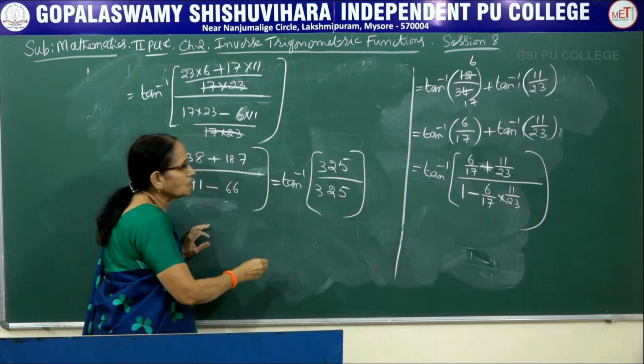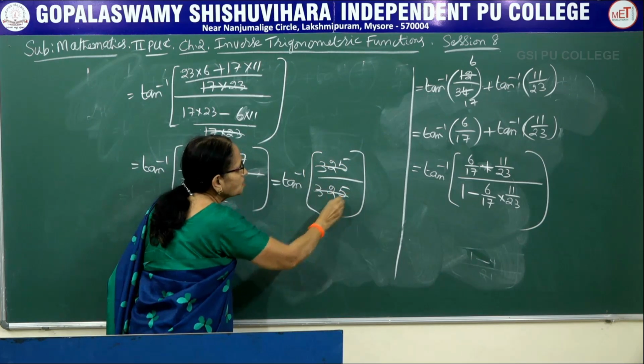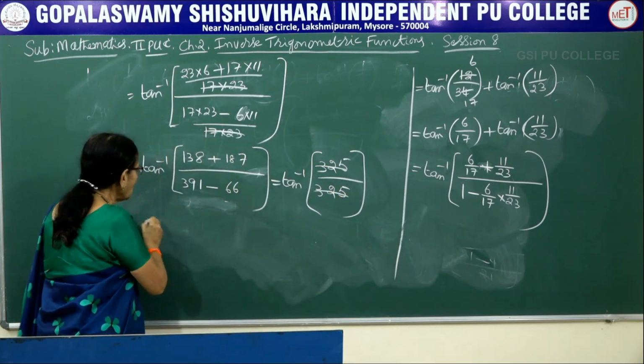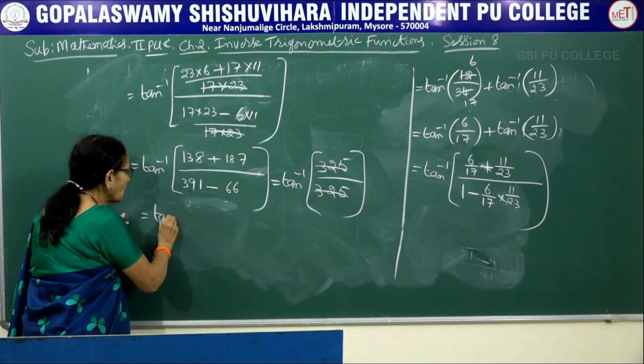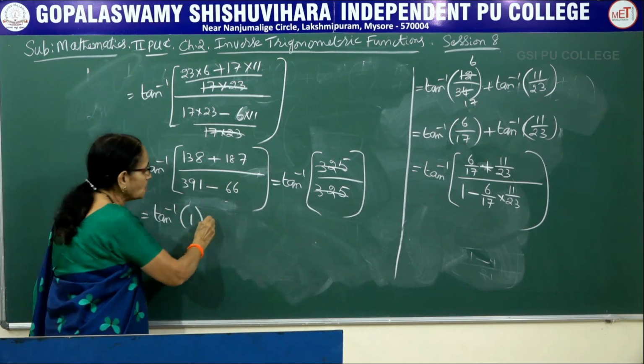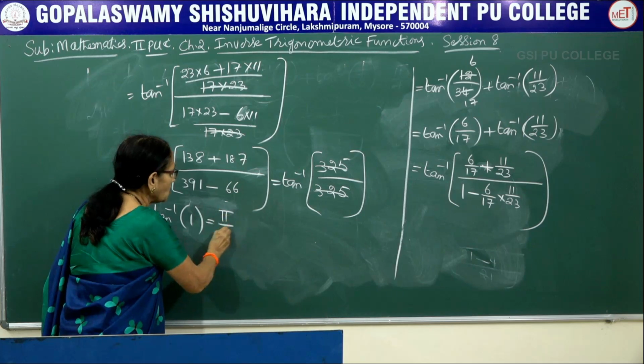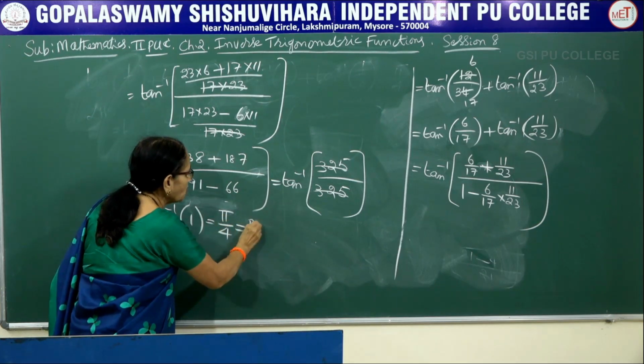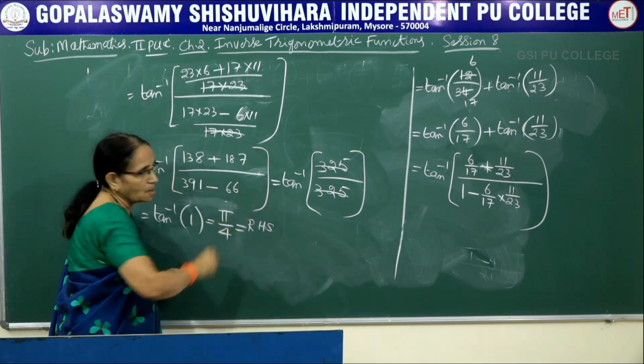So what do you see here? 325 and 325, they get cancelled. That would be equal to tan inverse of 1. You observe it is one of the standard values, which is equal to pi by 4, that is the right hand side.